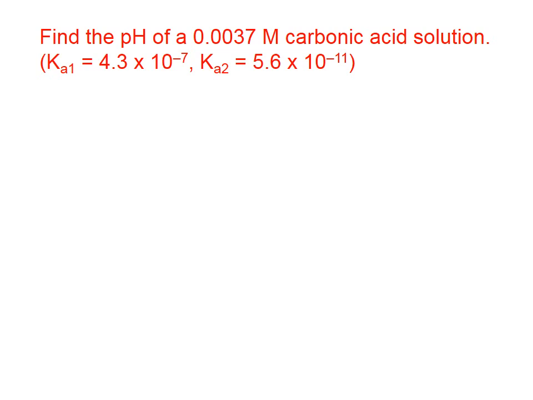Find the pH of a 0.0037 molar carbonic acid solution. Carbonic acid has two ionizable protons. You can see that we have two Ka values.